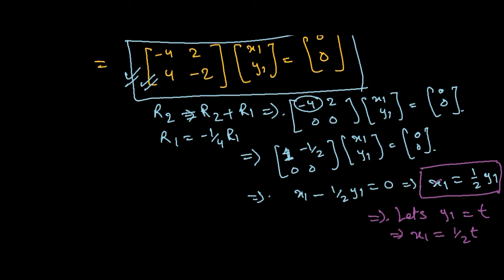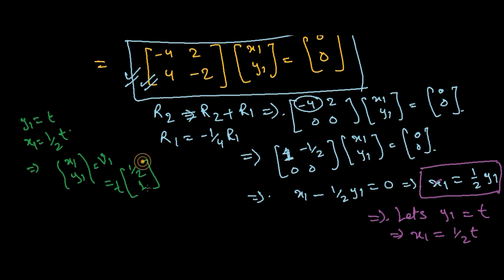So we have taken y1 equal to t, so x1 will be t by 2, and this means that x1 and y1, that is nothing but our vector v1, will be equal to t, we can take common, and it will become 1 by 2 and 1. Okay, and this is the end. This is our eigenvector.